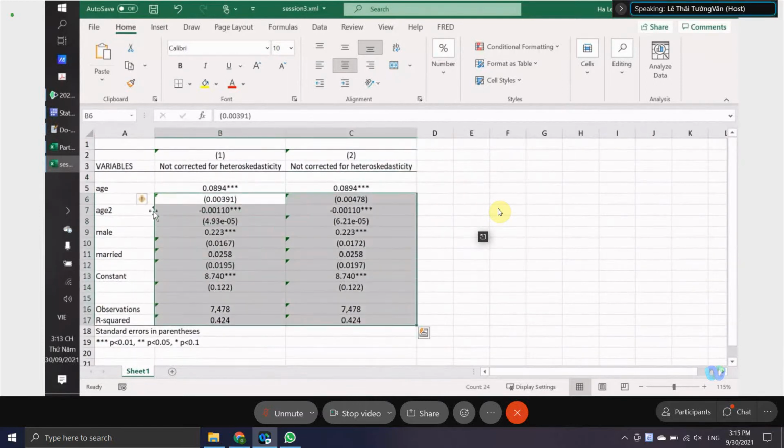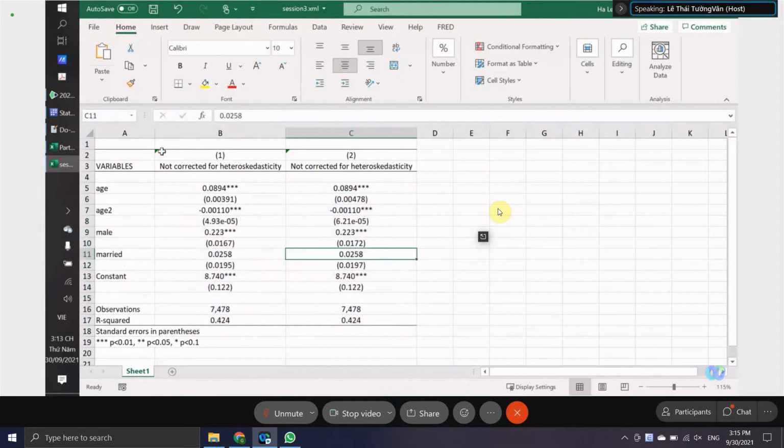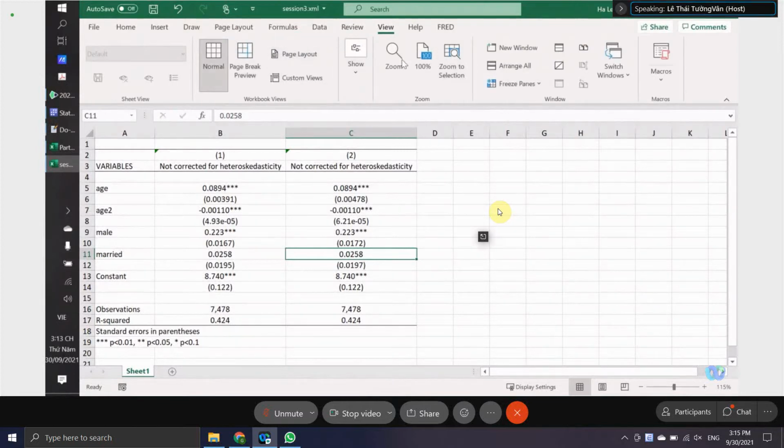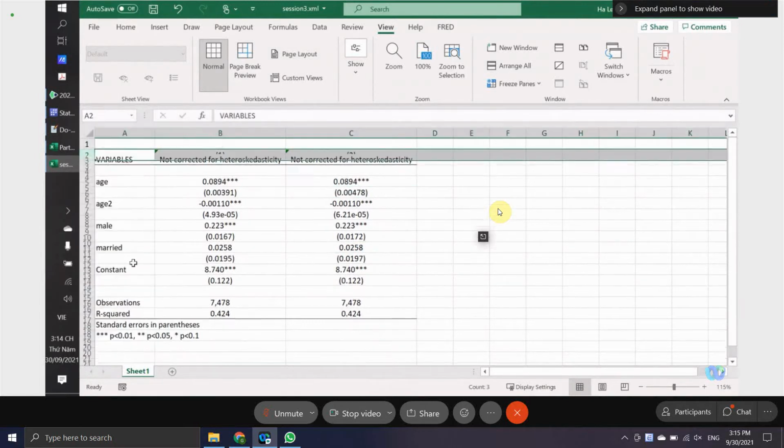And this is the table that I have created. After some manipulation, for example in view, I will delete the unnecessary rows.